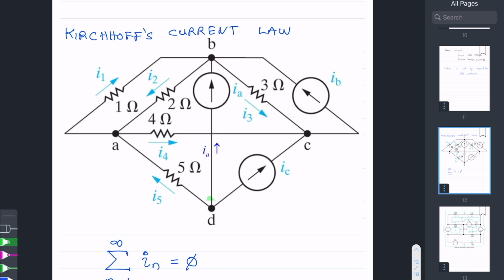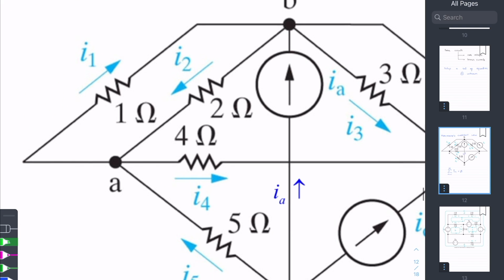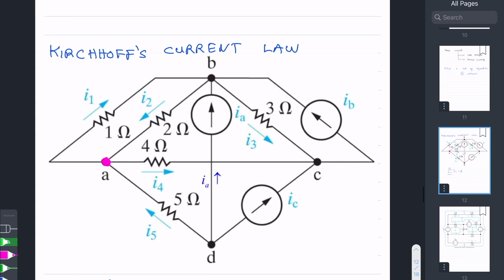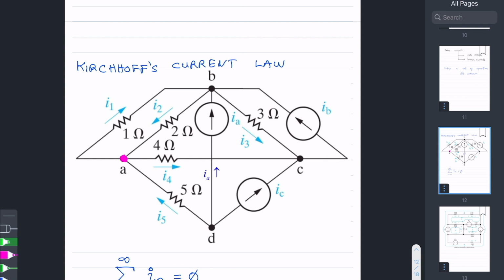Okay, so for example, it doesn't matter what node we look at. Let's take node A. If you look at the currents at that node and sum all of them, that would equal 0. So that's the canonical representation.